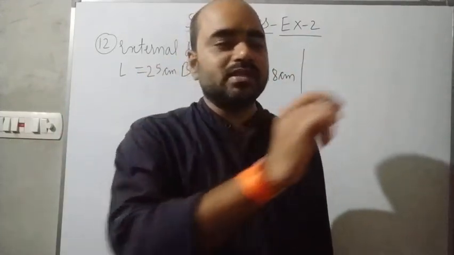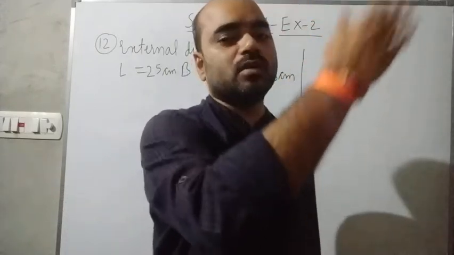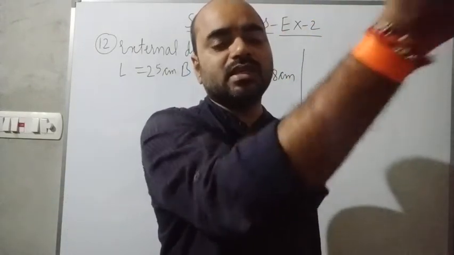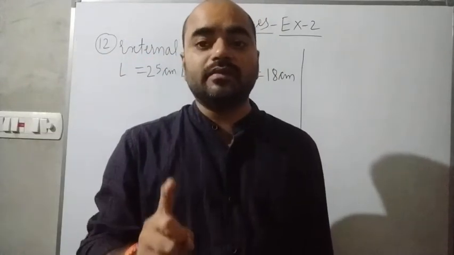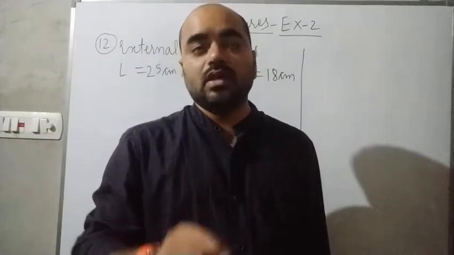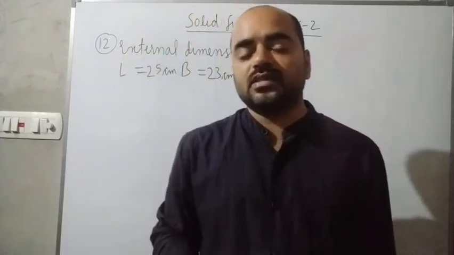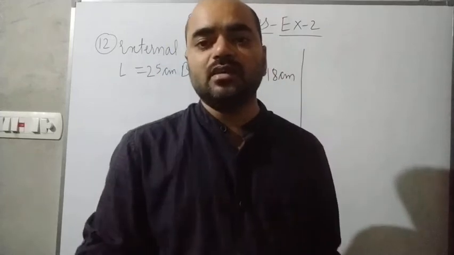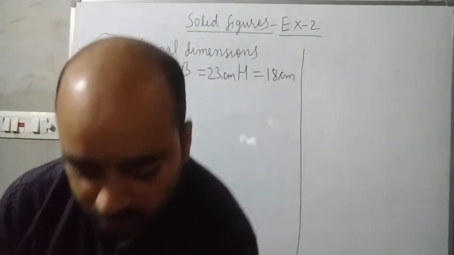It means when you measure, suppose we are taking two opposite walls. So width is present in both the walls. Again, if we are taking these two opposite faces, again width is present in both the faces. If we are taking top and bottom, if the box is closed, then again width is contained in both the faces. It means how you will find the internal dimensions. Width is given 2 centimeter.